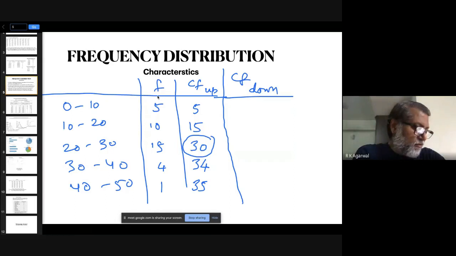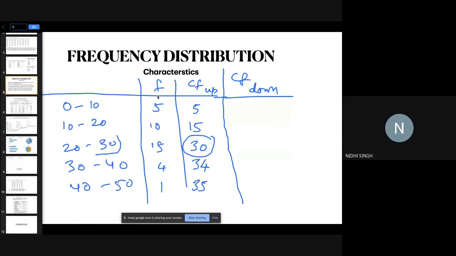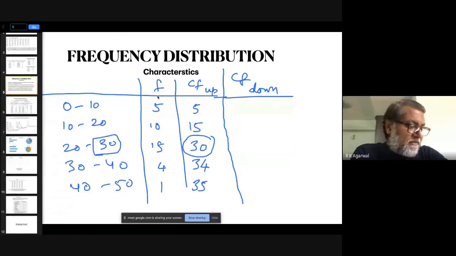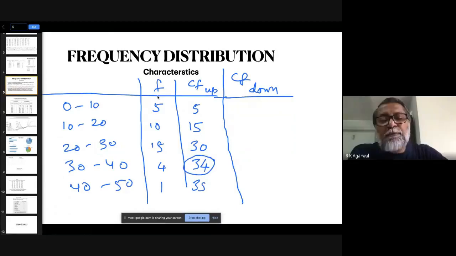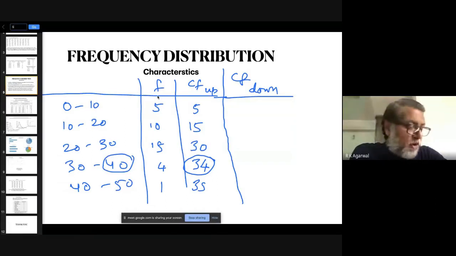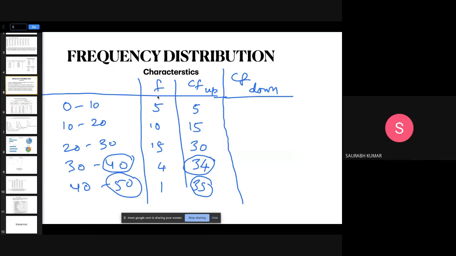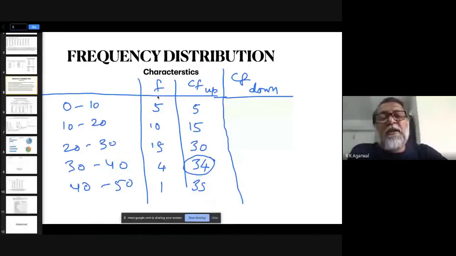What about this 34? 34 frequencies are below 40. 34 people have value under 40. And all 35 are under 50. So this is the interpretation of cumulating up.